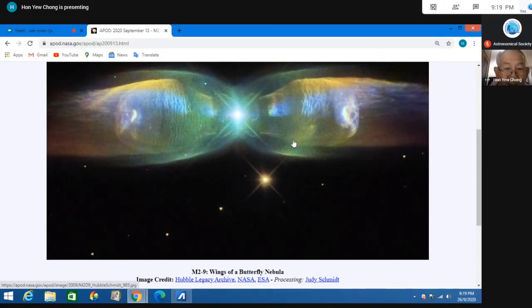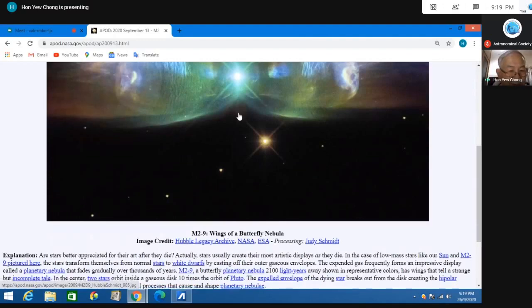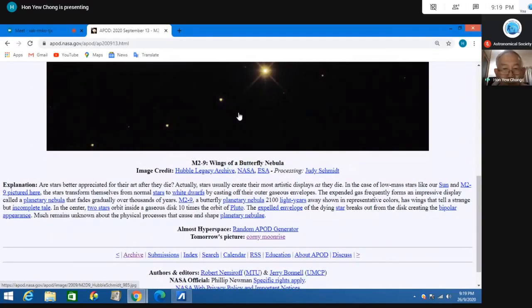So anything bipolar means there's a binary star inside. This is M2-9, taken by NASA.